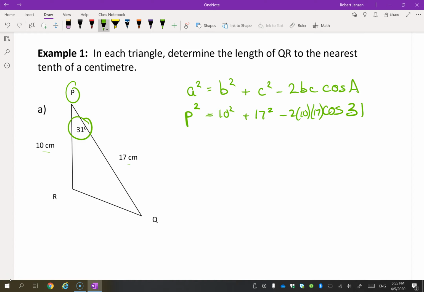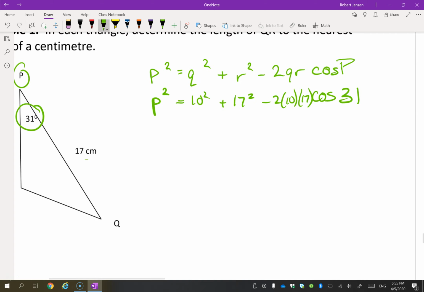So what I did here is I said this is P, this is Q, this is R, Q, R, P. So that's my formula. This one is a little crazy. You can just punch this whole thing in the calculator. So let's do that.